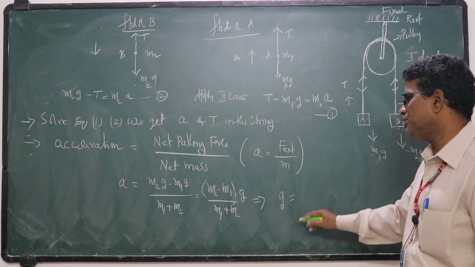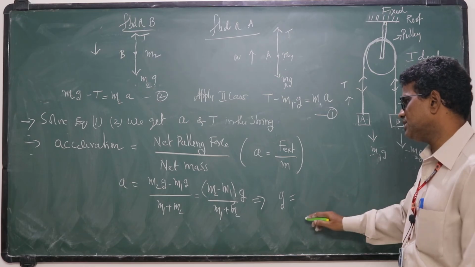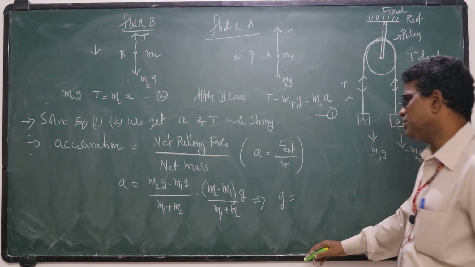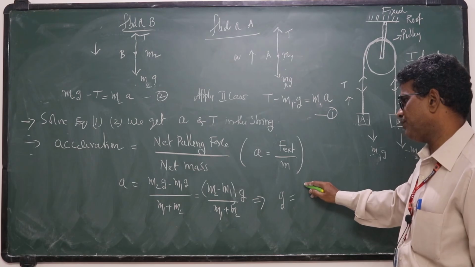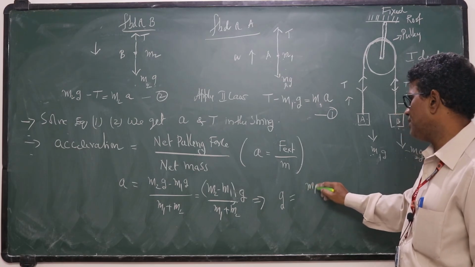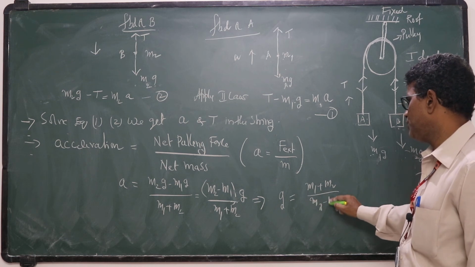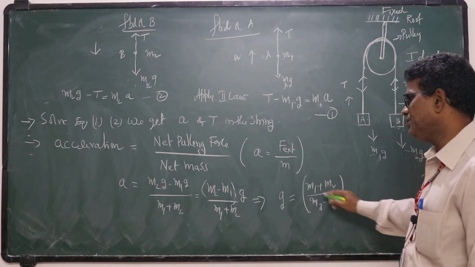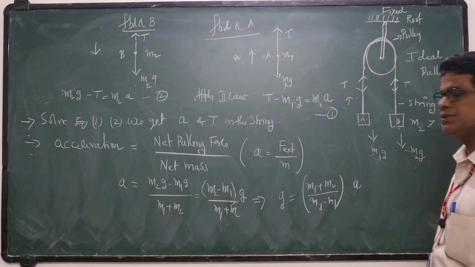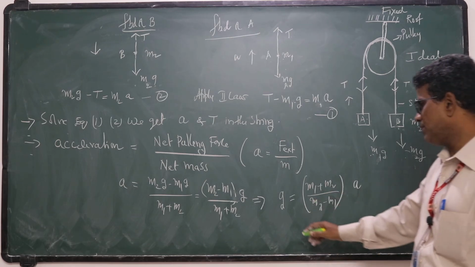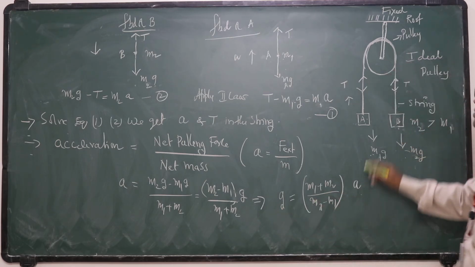G is equal to, by using this formula, (M1 plus M2) by (M2 minus M1) into A. So by using this formula, we can calculate acceleration due to gravity.